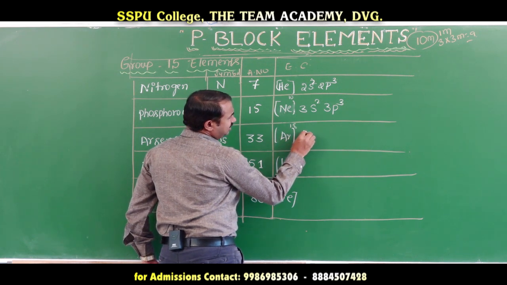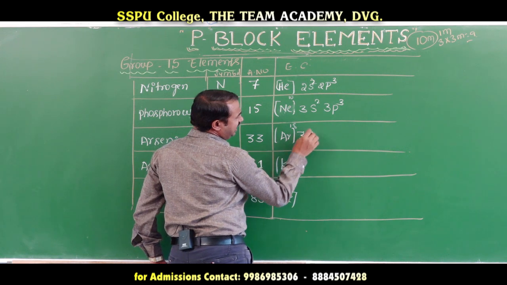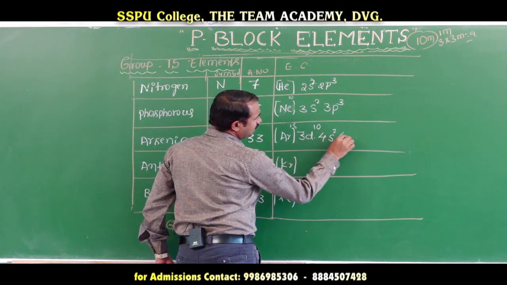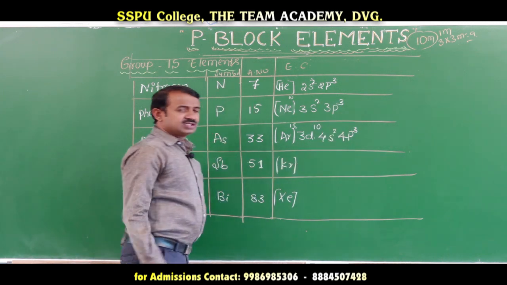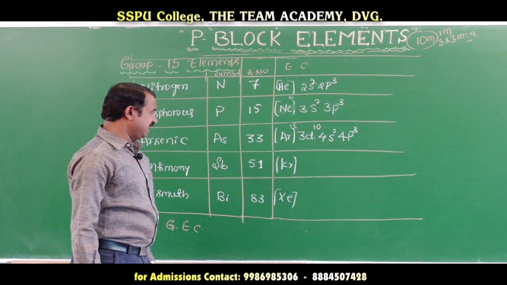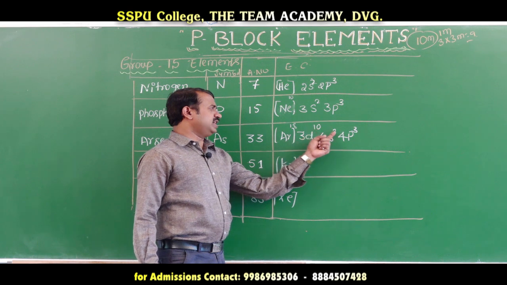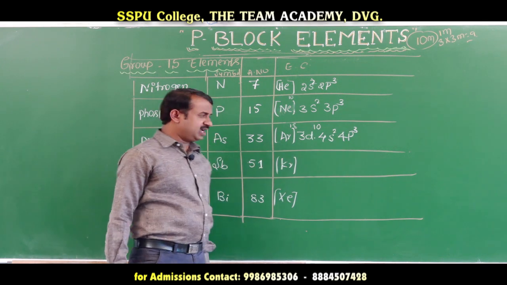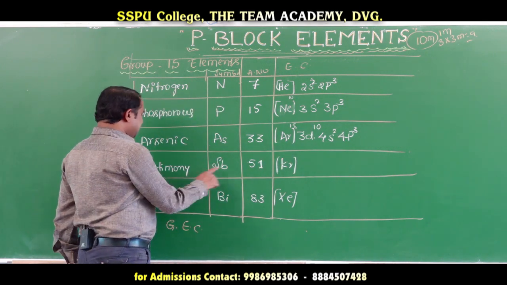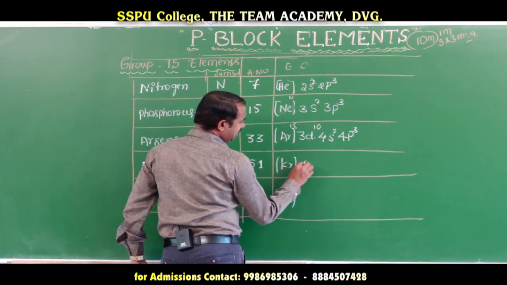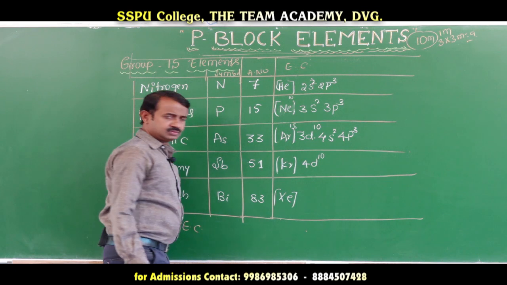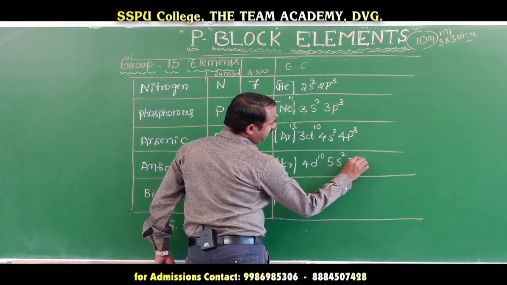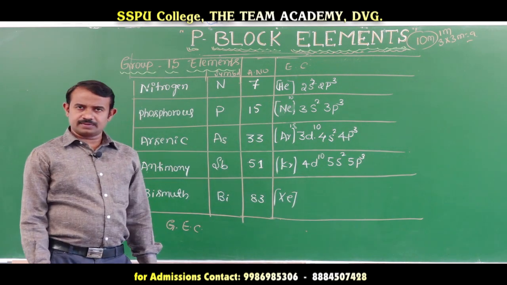Here the 3d is entered, 3d10. Next 4s2, 4p3. 18 plus 10, 28, plus 2, 30, plus 3, 33. Next the element is krypton, with 4d10, 5s2, 5p3.